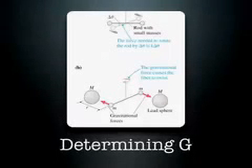How do we determine the value of G? A famous experiment by Cavendish over 100 years ago had two large lead spheres attracting two small masses connected on a rod.